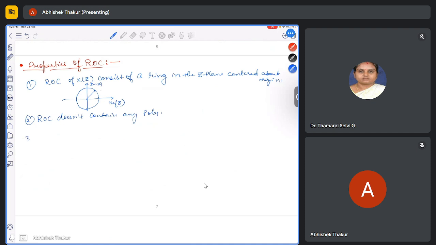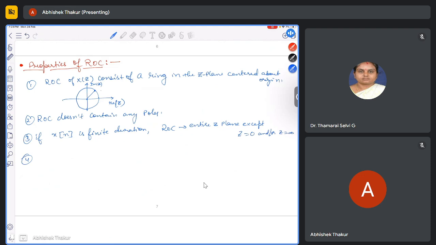Now the third is, if it is a finite duration signal, then the ROC will be the entire Z plane except z is equal to 0 and, or z is equal to infinity.